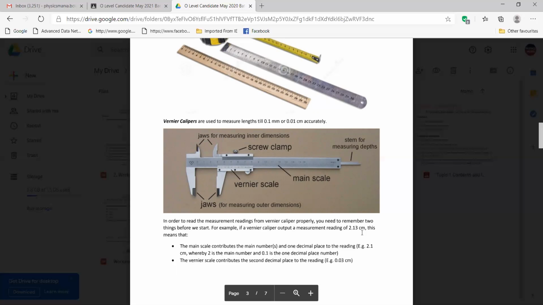Okay, so can you read the labeling of the diagram in vernier calipers? Vernier calipers are used to measure lengths till 0.1 millimeter or 0.01 centimeter accurately. Just the diagram, you read the labeling of the diagram. What is written in the diagram?